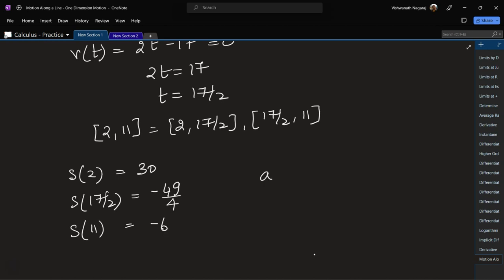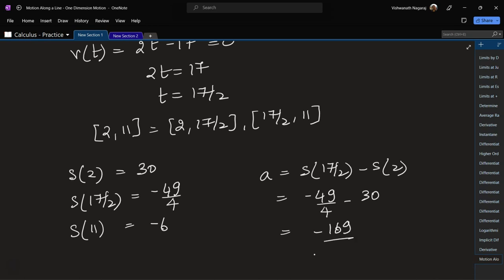And the displacement in the first interval, that is 2 to 17 by 2, is going to be S of 17 by 2 minus S of 2, which gives us minus 49 by 4 minus 30, which gives us minus 169 by 4.